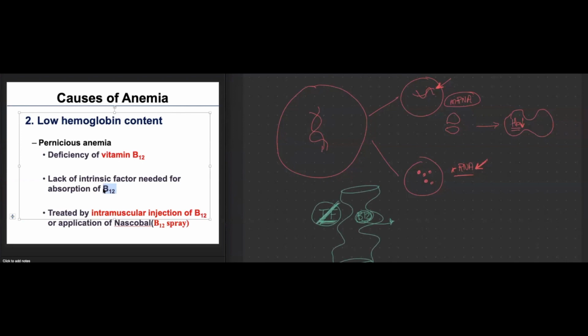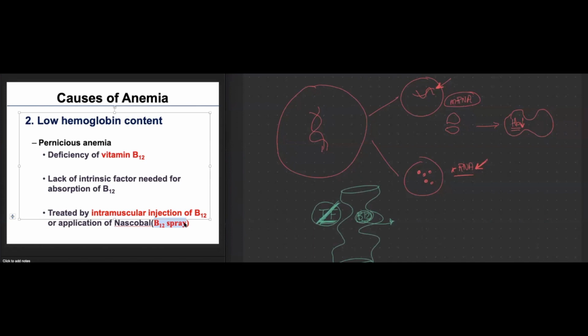So how are we going to be managing a patient with pernicious anemia? Think of intramuscular injection of vitamin B12 or nasal spray. Why?